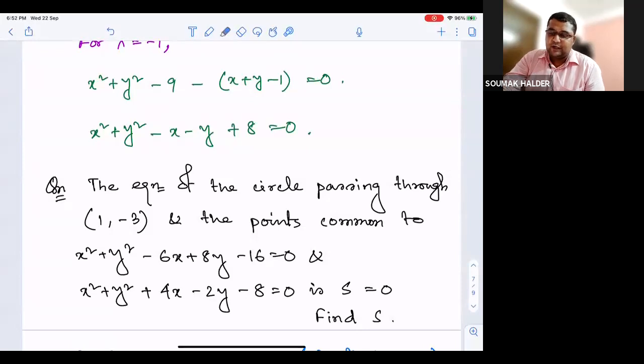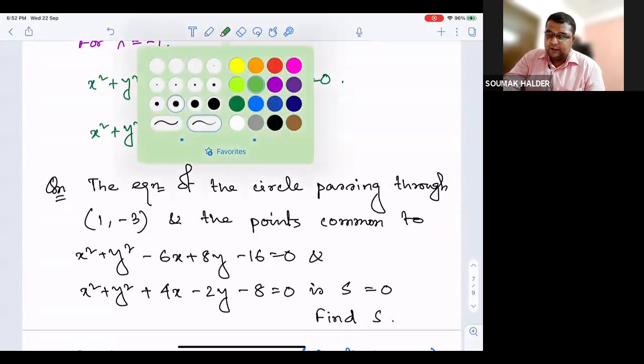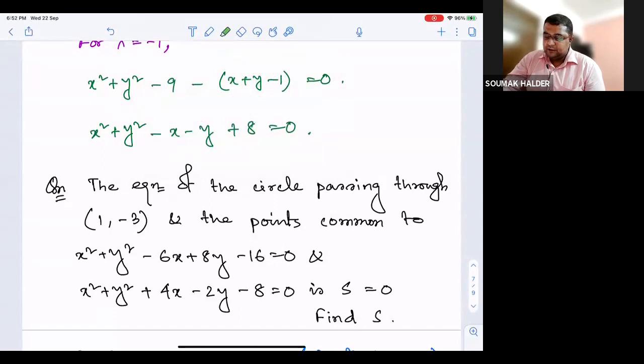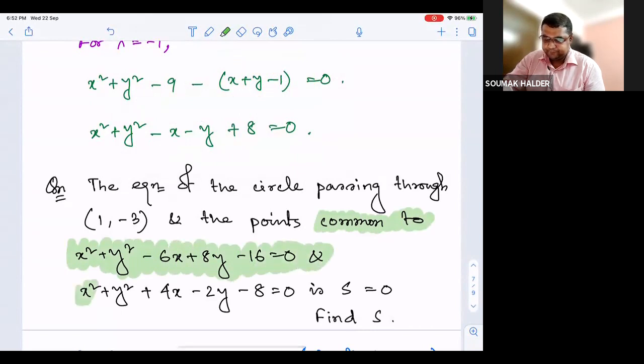We need to determine S. So we can identify that we have a family of circles described in the form of common to two given circles. It is the third description matching form.